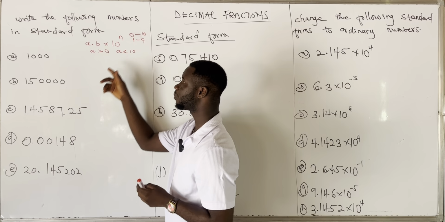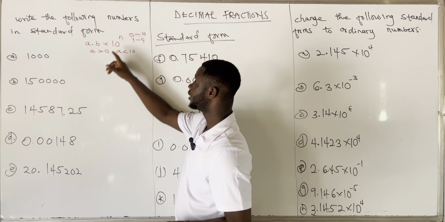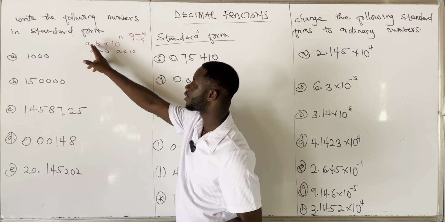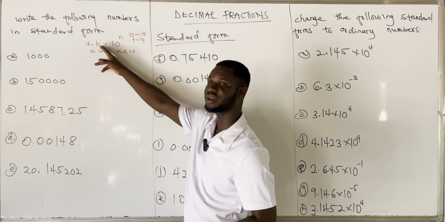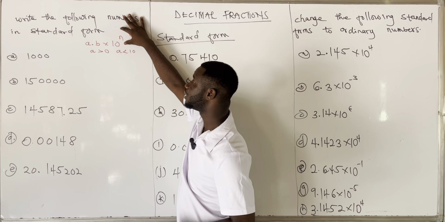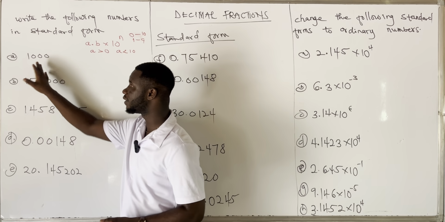So you can get 1 point, 2 point, 3 point, up to 9 point. Then the b, after the decimal point, we can have a whole lot of numbers. And the n can be positive or negative.